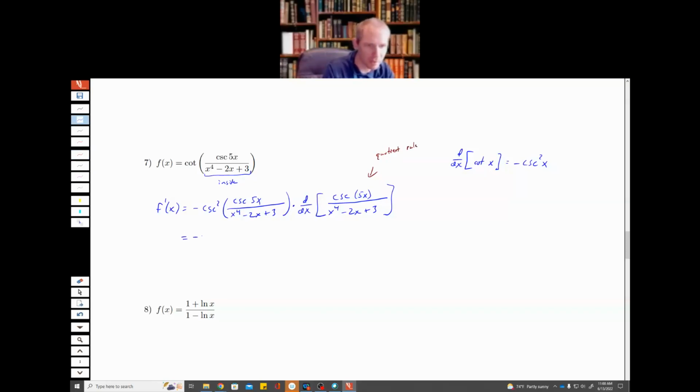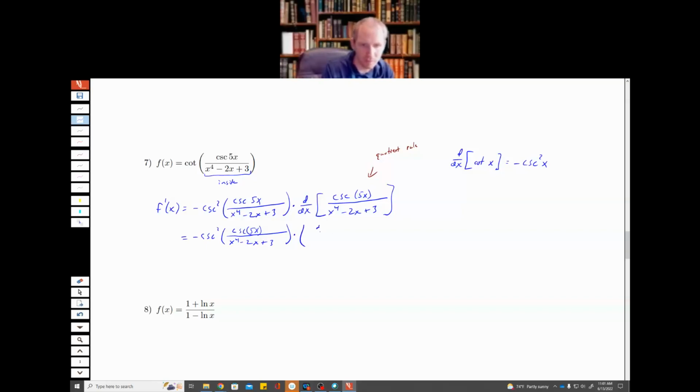Okay, so my next line of equality here, I have the negative cosecant squared of cosecant of 5x over x to the 4th minus 2x plus 3 times, and then I'm going to set up my quotient rule.